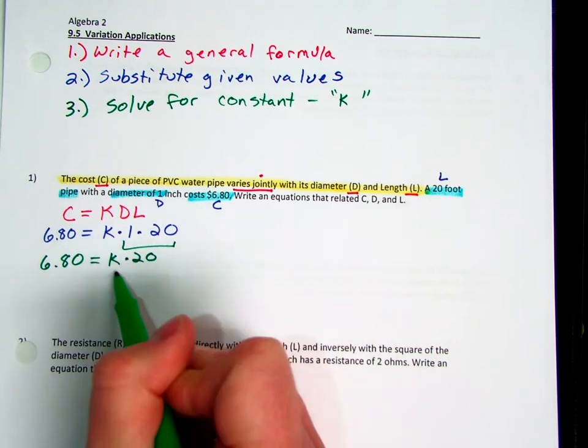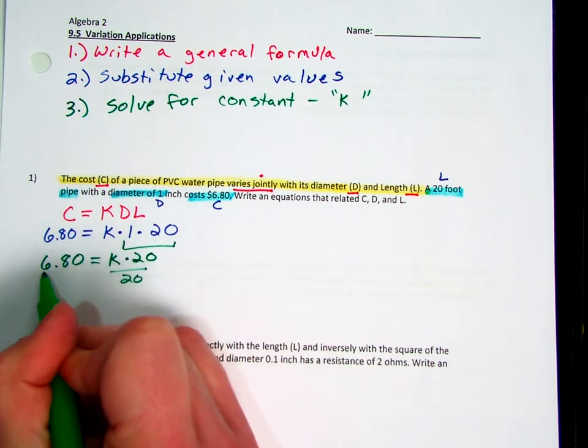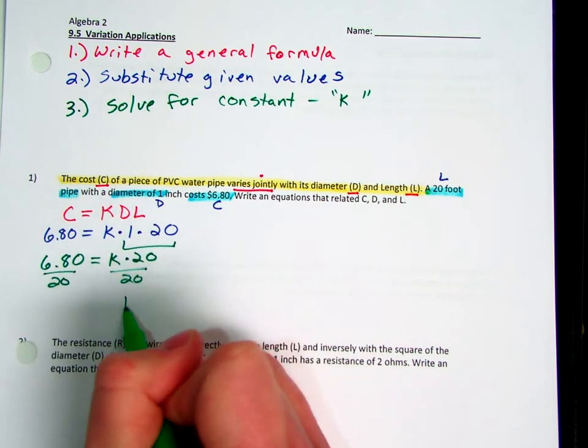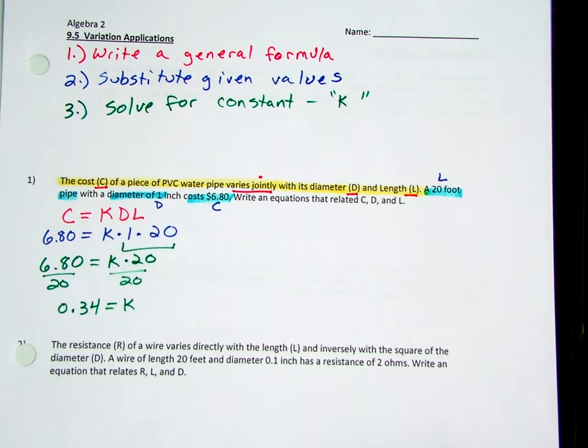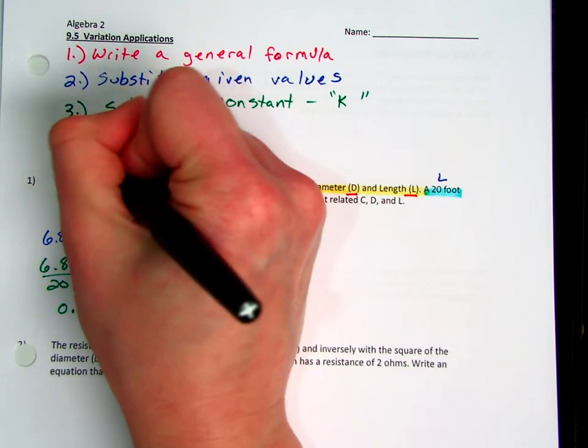Now to get K by itself, we would divide both sides by 20. So K would equal 0.34. Now that I know what the constant is, I can go ahead and write the equation with the K replaced.